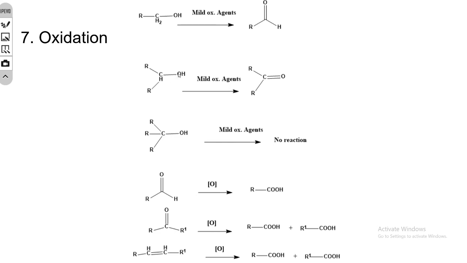When our alkaloid has a secondary OH group, using a mild oxidizing agent we will get a ketone. If it is tertiary, it will not react with mild oxidizing agents. Similarly, an aldehyde group on oxidation gives the corresponding carboxylic acid. A ketone, with stronger oxidizing agents, forms a mixture of carboxylic acids.